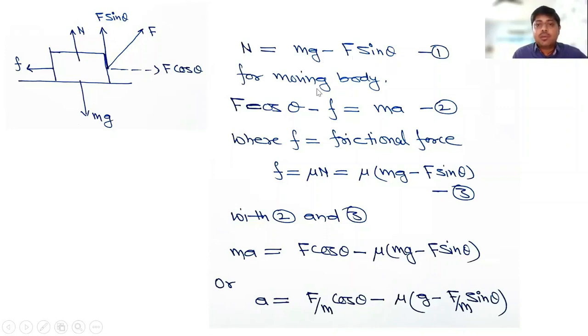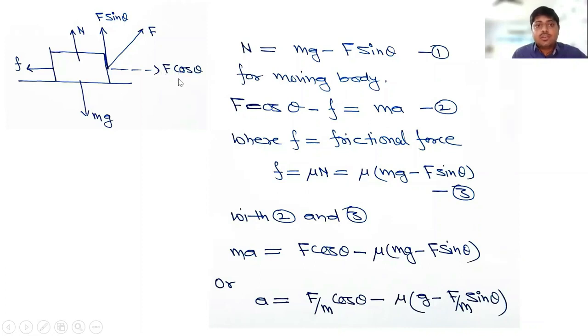And for moving the body in this direction, because we are applying the force along this direction, we are applying the force F cos theta. This is the component of the force that is acting along this direction.